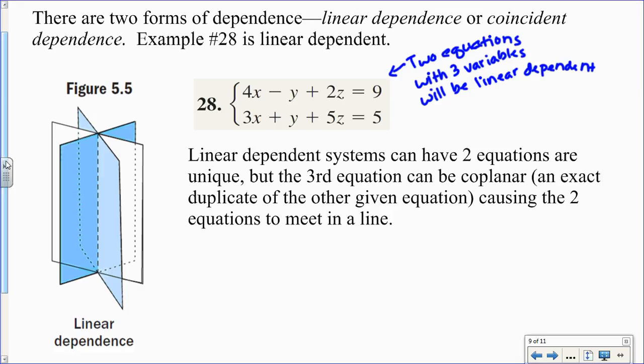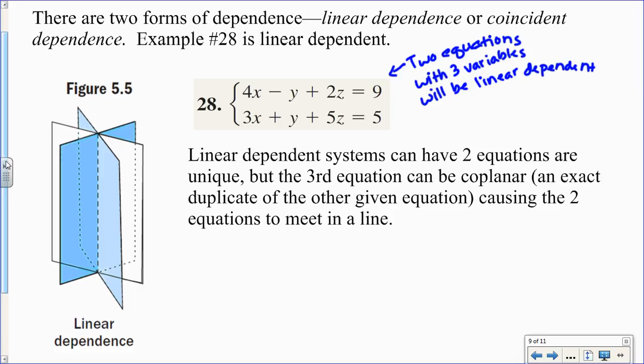So we're not going to be able to get just values for x, y, and z. There's not a third equation to help us do that. What we're going to be getting is answers for the variables, but in terms of one of the other variables. It'll be like little linear equations, and that's what makes it linear dependent.